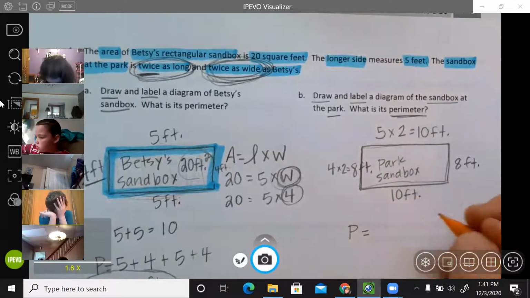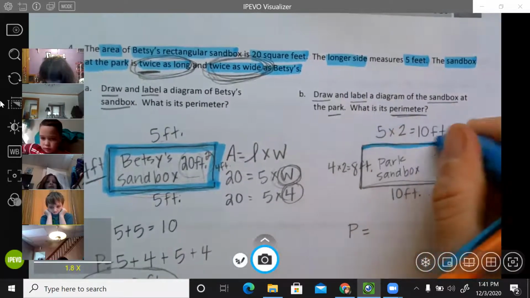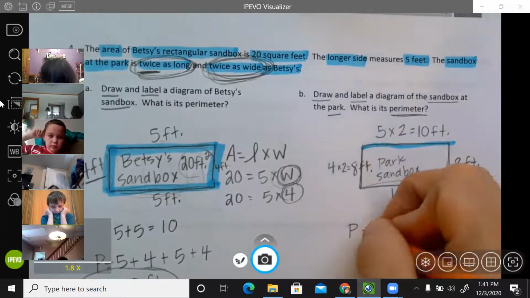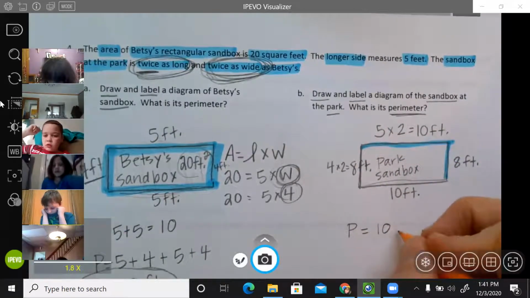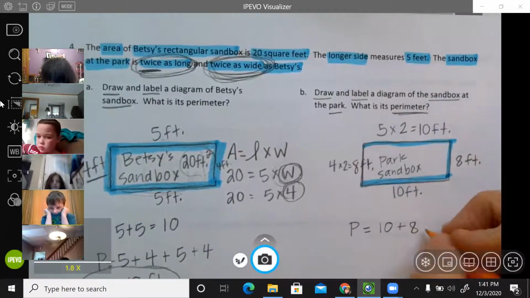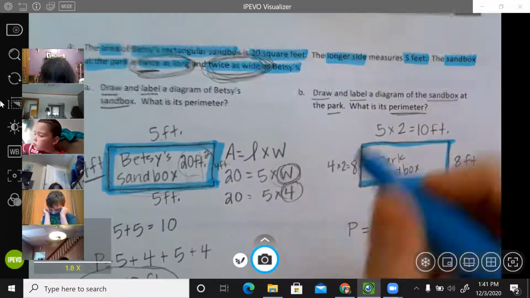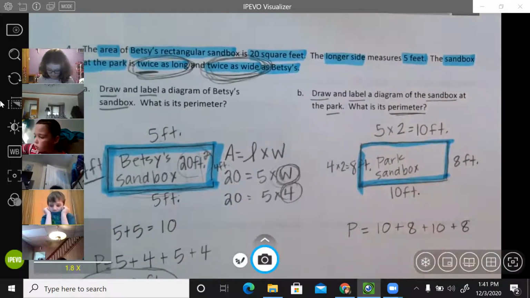How long is this side right here? 10 feet. Okay. Now I'm going to add to that this side, 8. And then I'm going to add this side, plus 10 feet. And then I'm going to add this side, plus 8.